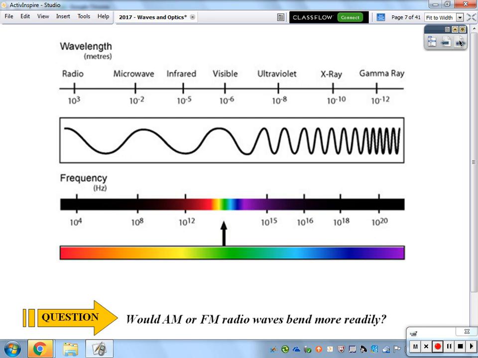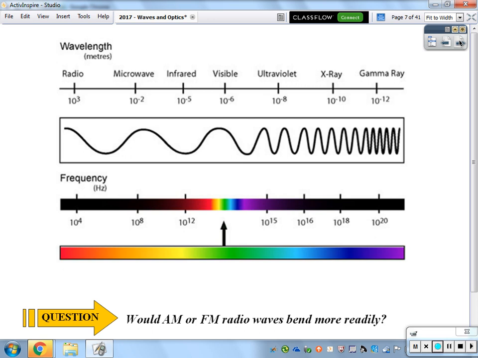Now, there's a question down here at the bottom, and that is probably related to something that, dare I say, is almost antiquated at this point. But does anybody even know what AM and FM stand for on the radio station? You're absolutely right.